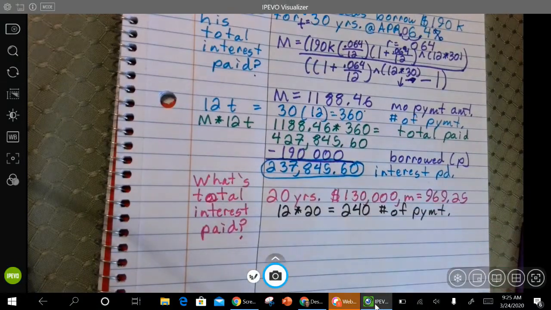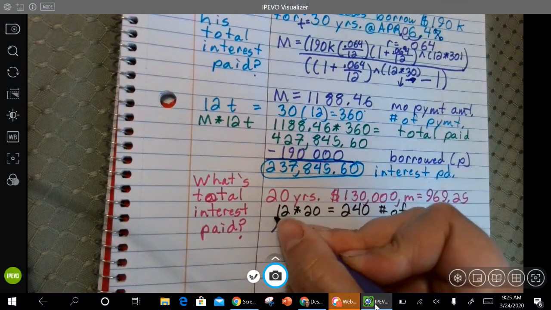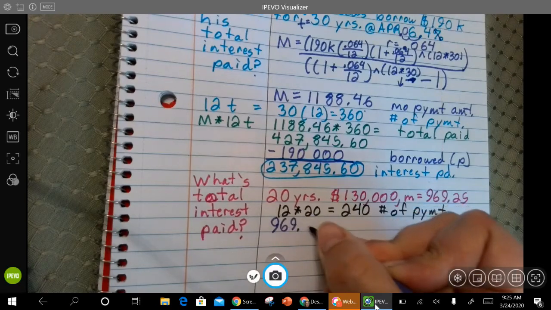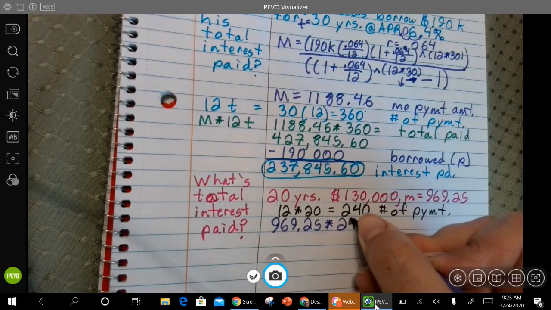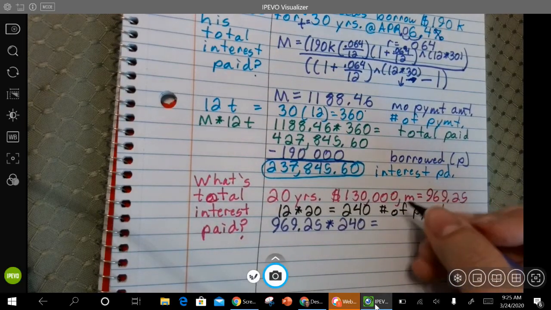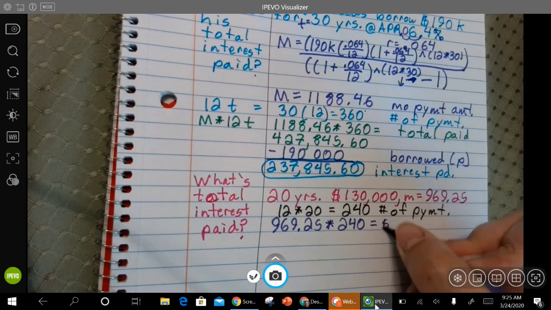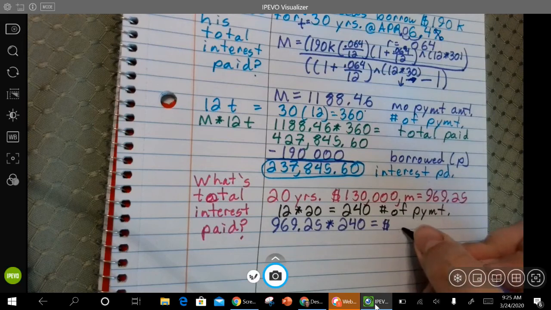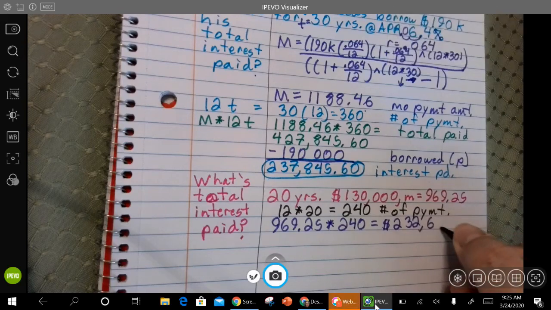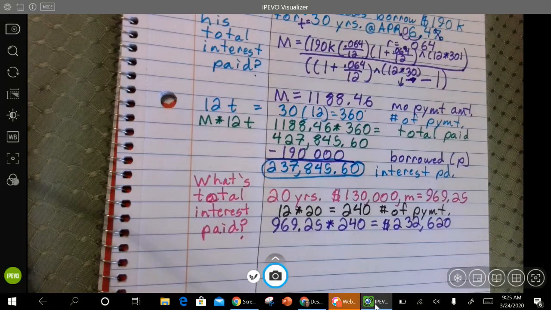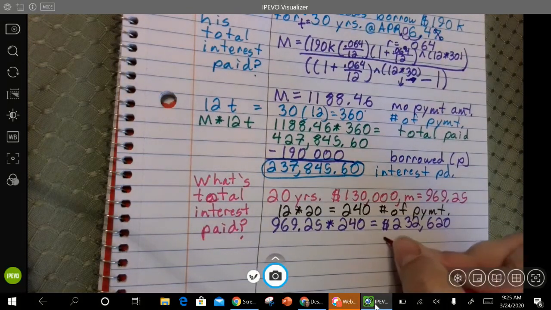So then we're going to go ahead and multiply the monthly payment amount. So the $969.25 times 240. We get $232,620.